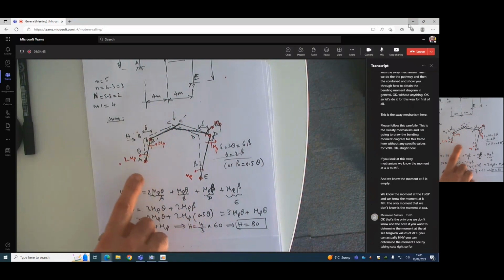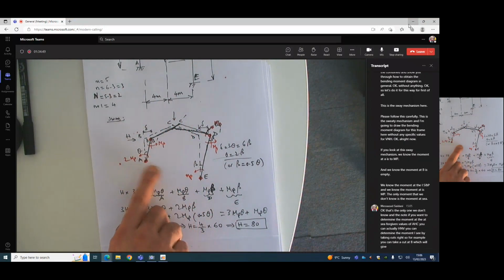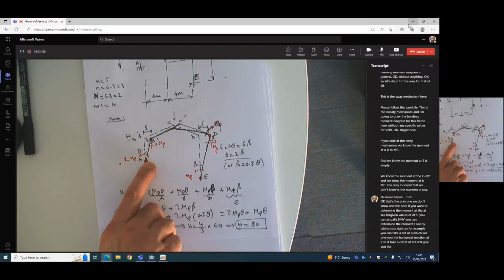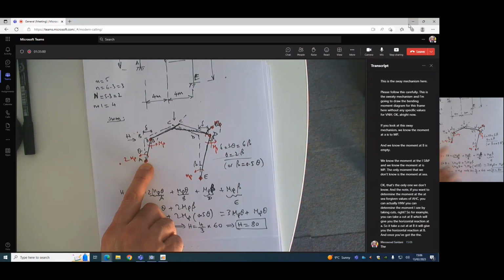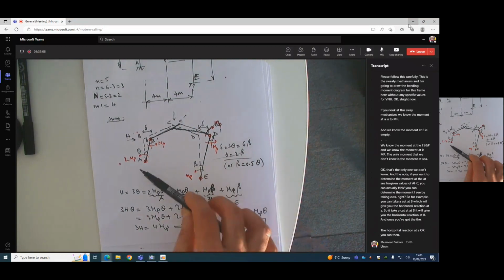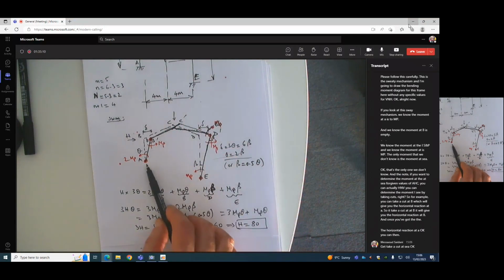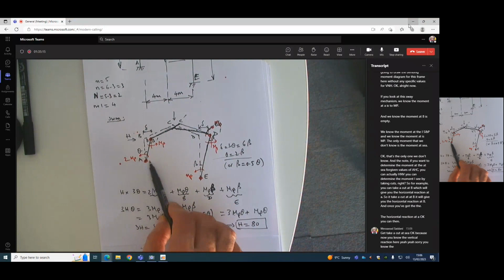So, for example, you can take a cut at B, which will give you the horizontal reaction at A. And once you've got the horizontal reaction at A, okay, you can then take a cut at C, because now you know the horizontal reaction there.